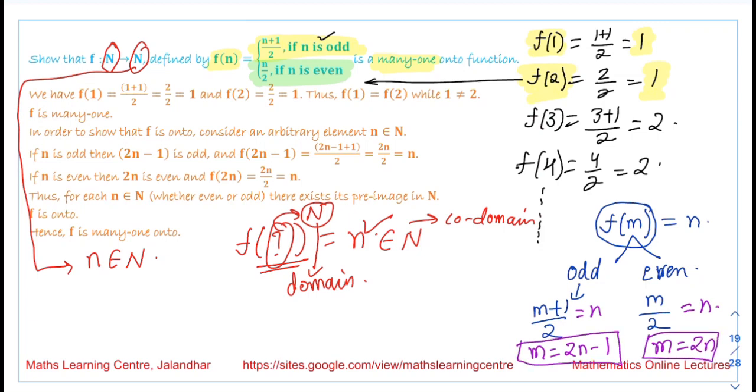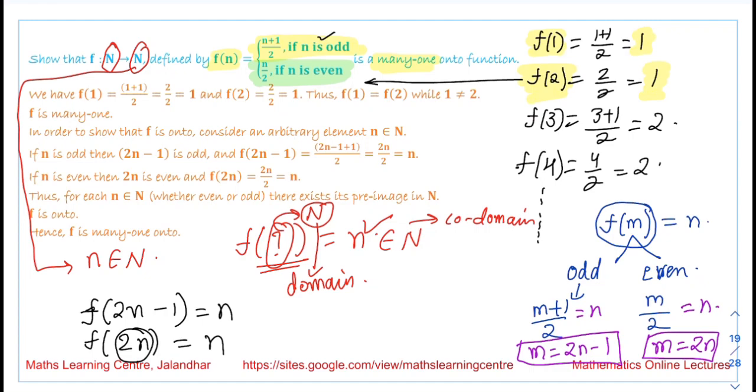So we have obtained a number, f of 2n minus 1. The answer for this number is equal to n. And if we are talking about the number f of 2n, then this 2n is an even number. The answer we will have is n.